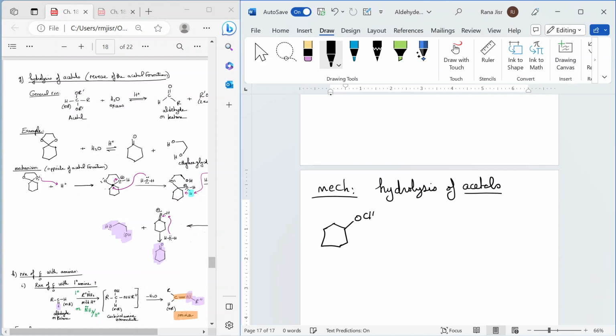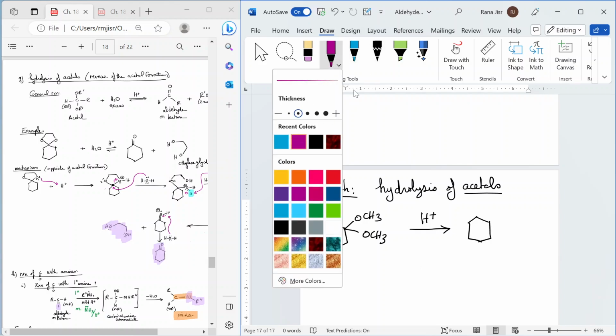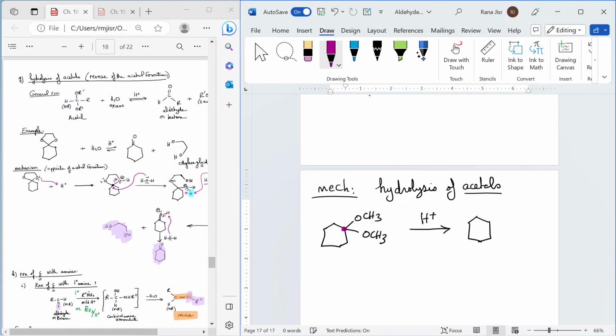This is an example, I just wanted to do another example than the one that is in the notes. This is the final product. So you want to hydrolyze in the presence of H plus, and see that carbon that holds the acetal, you want to return it back to the carbonyl.